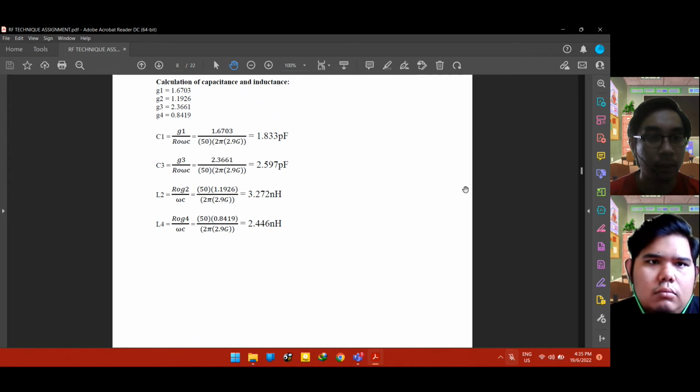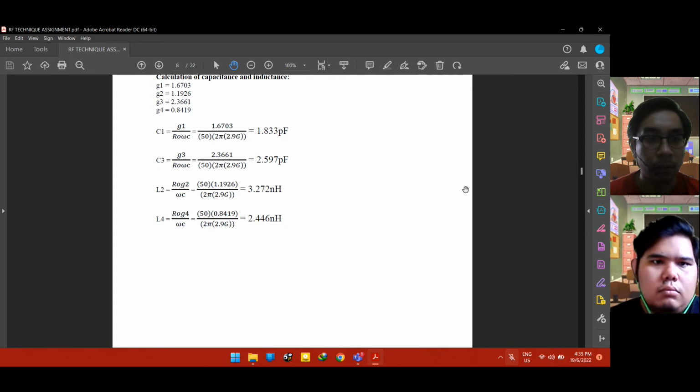So for the C1, we get the answer 1.833 picofarad, followed by C3, which I get 2.597 picofarad. And then for the inductance, L2, I get the answer 3.272 nanohenry. And then L4, I get the answer 2.446 nanohenry.